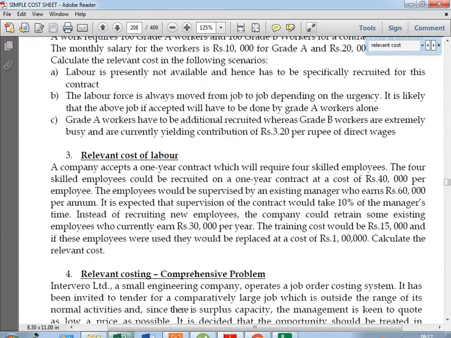Option 2, hyphen, retraining of existing employees. Underline that. Point number A: the existing employees can work on this contract.